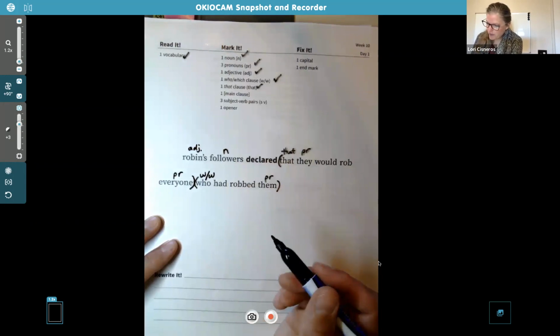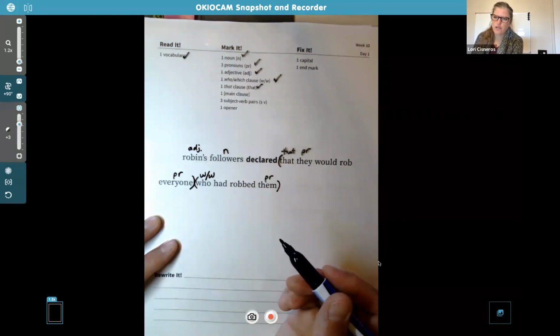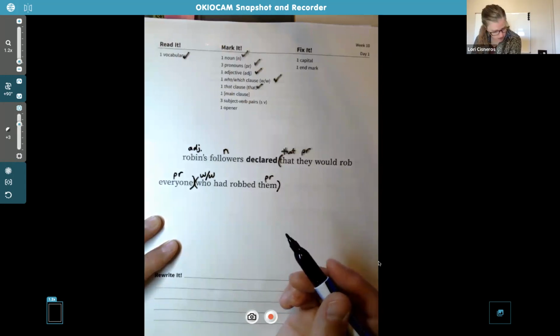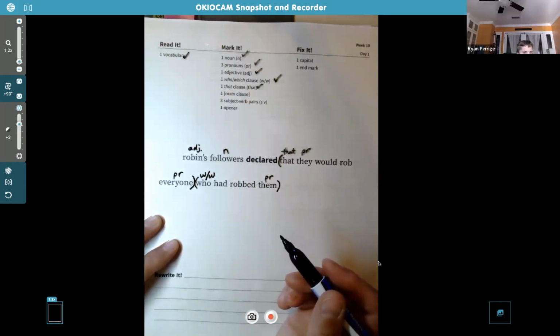It's enough to make your head spin for sure. Main clause. Now this one, I'm going to go back to Ryan on this one. Main clause has the subject and verb in it. So what do you think the main clause is? The main clause is who had robbed them.